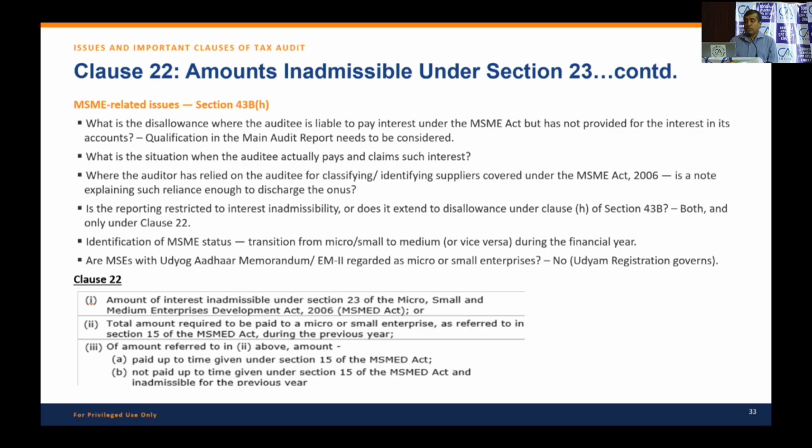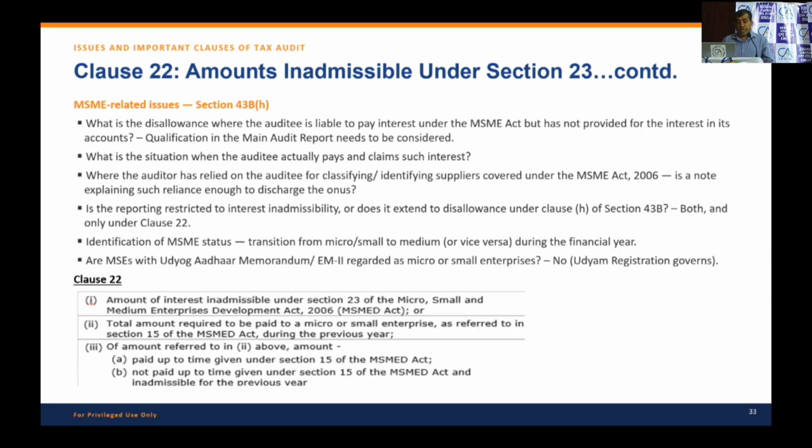So 2 requires the total amount required to be paid to micro and small enterprises out of the amount referred to in 2 above, amount A and B. Now A and B of 3 may not be equal to 2, one should keep in mind, because the reporting requirements are different. So when it comes to 2, it says total amount required to be paid to MSME. So it has to be a total amount.